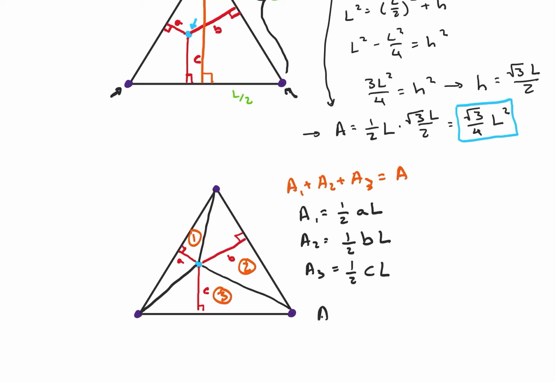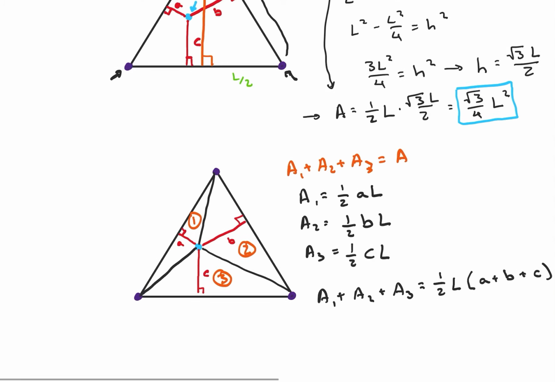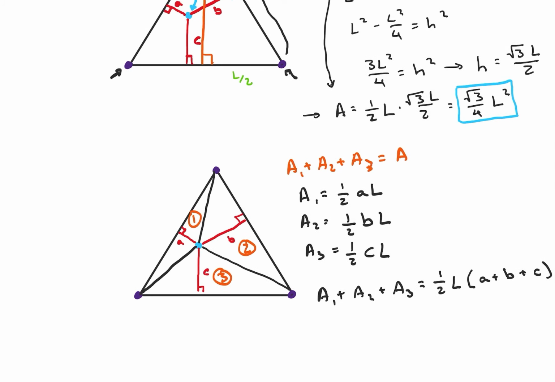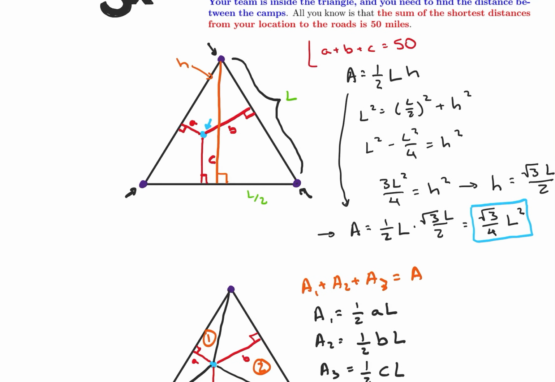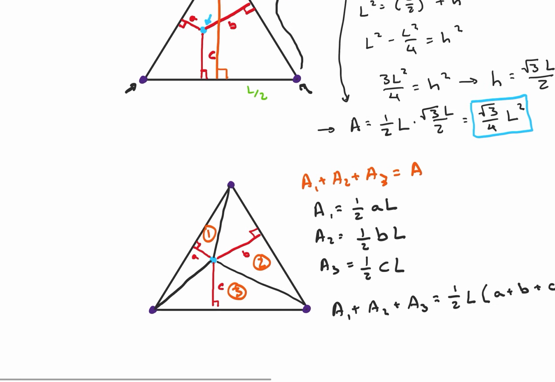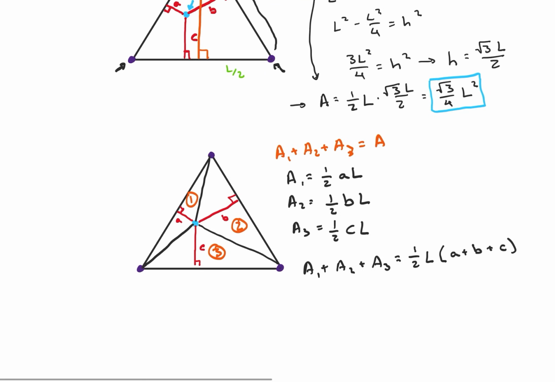So A1 plus A2 plus A3 is going to be equal to 1/2 L times (A plus B plus C). And I already know what A plus B plus C is, because that was given to me up above. So I can write this total area as 1/2 L times 50.